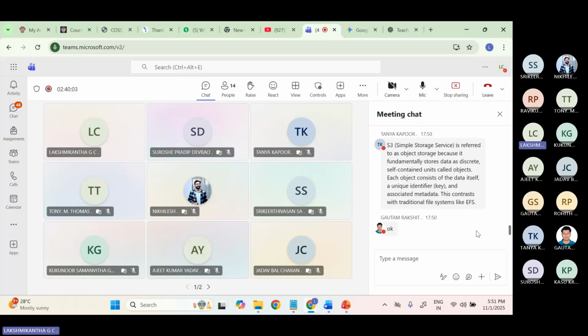So this allows for efficient storage and retrieval of unstructured data like files, images, videos. But EFS is a file system that stores data in a hierarchical structure, with files and directories. EFS is mainly designed for use with EC2 instances and other AWS services, providing a shared file system, and so on. Clear, Gautam?